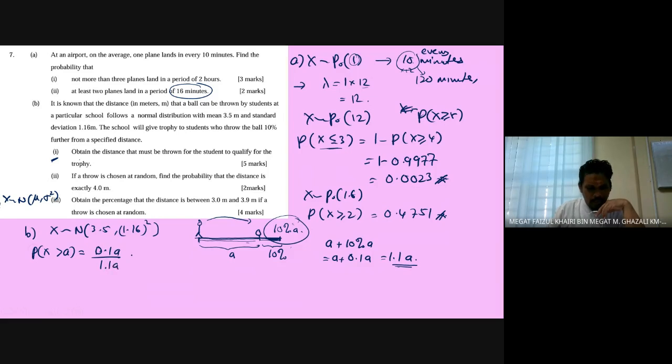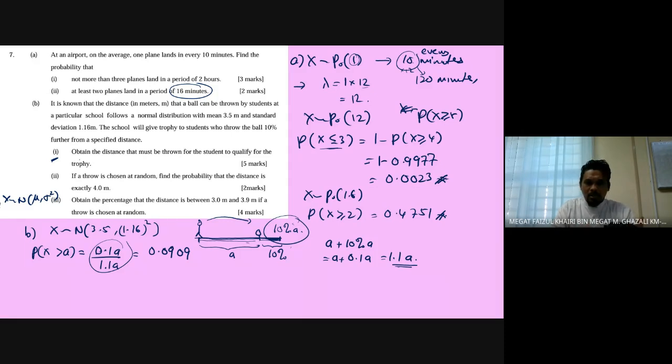So 1.1A, and this here now is 0.0909. Is that it? Let's try, 0.1 divided by 1.1. Yes, 0.0909.